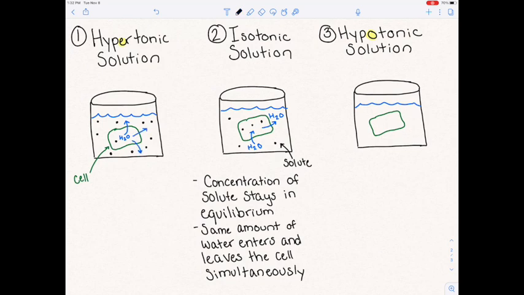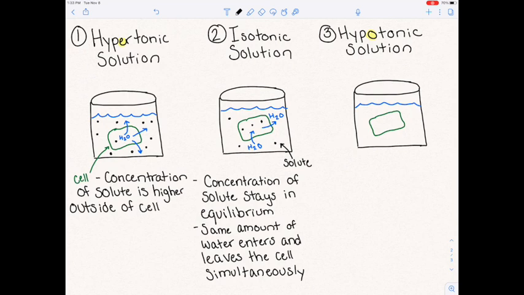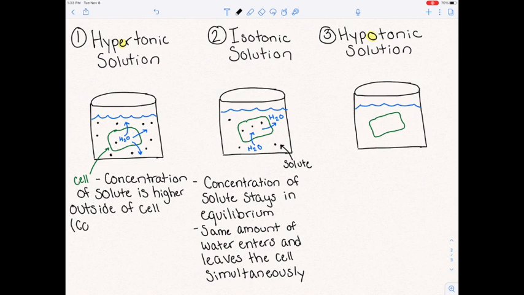So to summarize this, in a hypertonic solution, the concentration of solute is higher outside of the cell. What this means is that the concentration of water is lower on the outside.